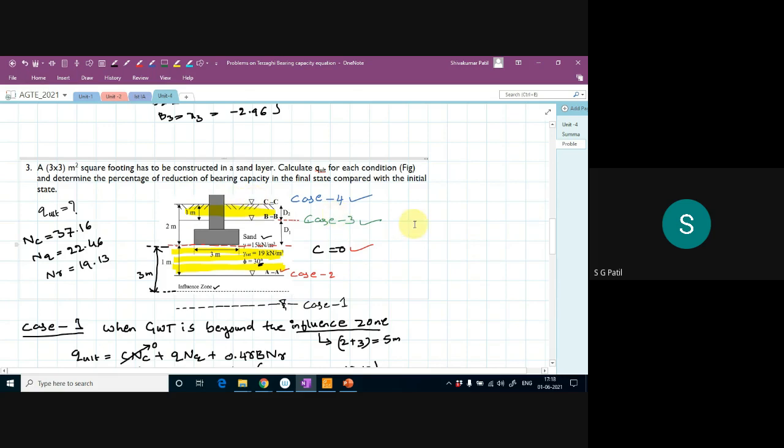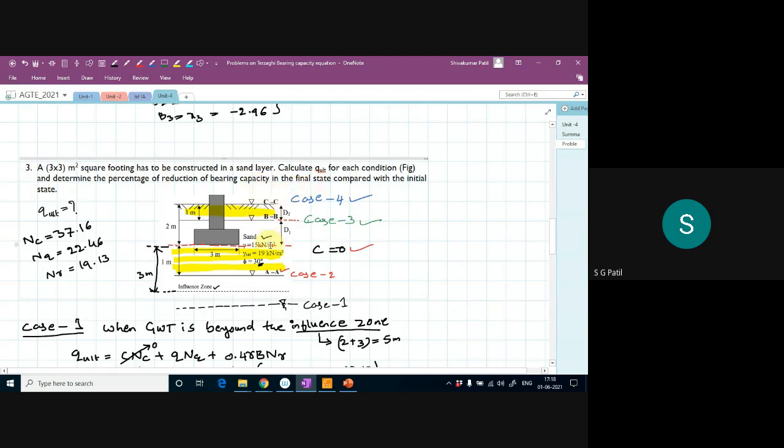So always, when you start practicing civil engineering, whenever you are designing or calculating bearing capacity, you have to take the water table at the ground surface, because you don't know. What is the lifespan of your RCC structure? Maybe 40 to 50 years.